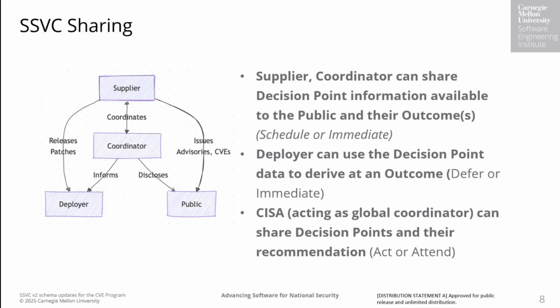Yeah, so the idea with these different monikers or actors in the storyline, they can basically share decision points, information available to them, to the public, and they can also optionally share what we call outcome.